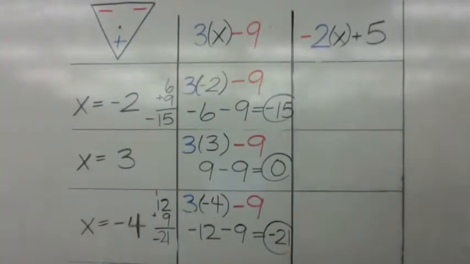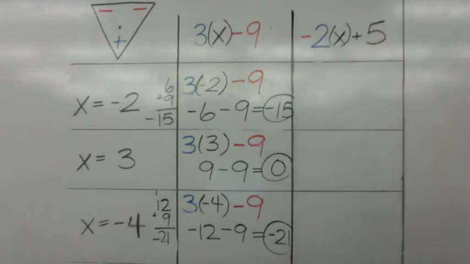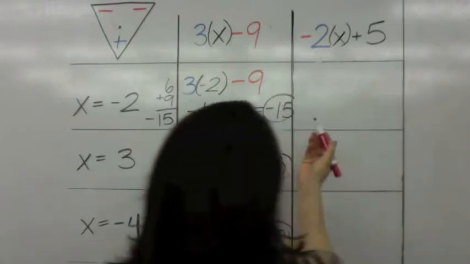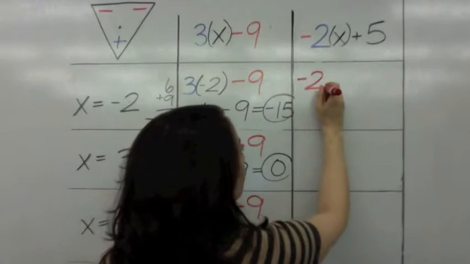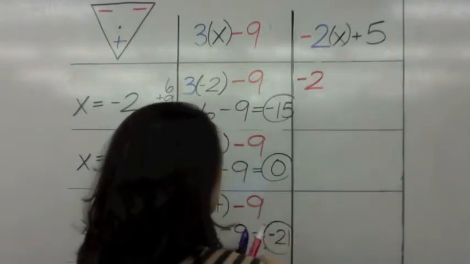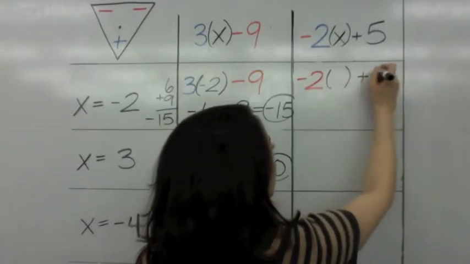Now we're going to work with the expression -2 times x plus 5. Okay, so -2 times x plus 5. I'll make this really simple for you. We're going to set all of these up like this. We're going to say -2 in parentheses x plus 5.